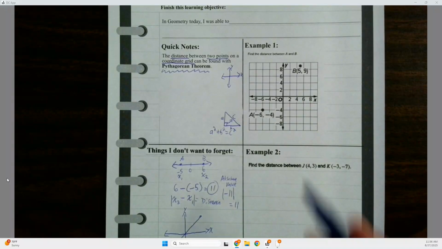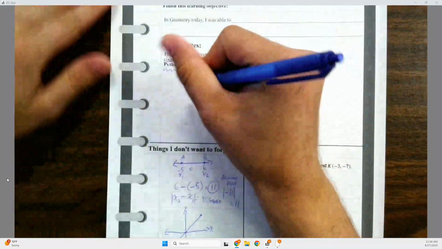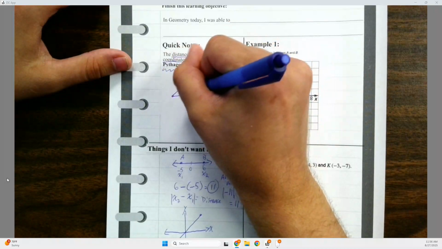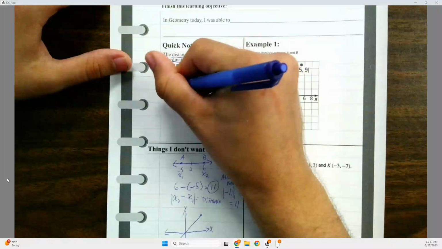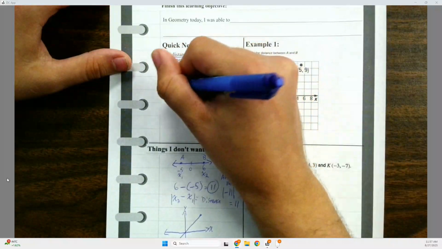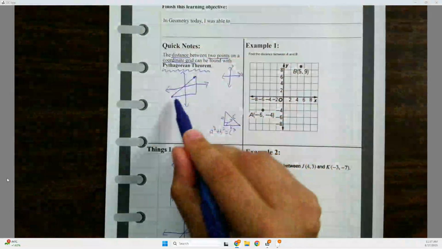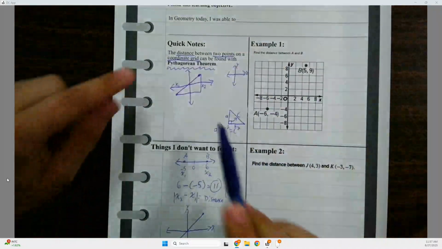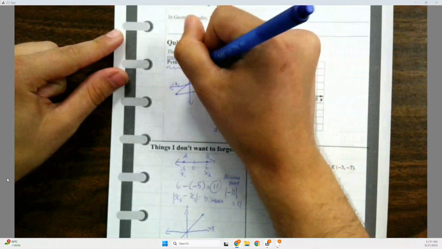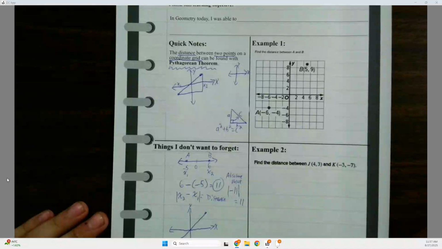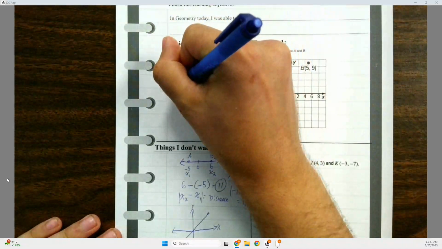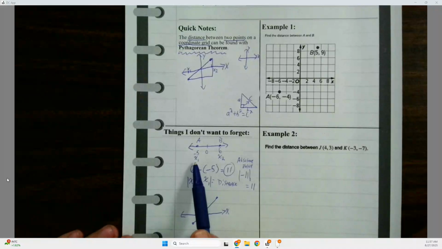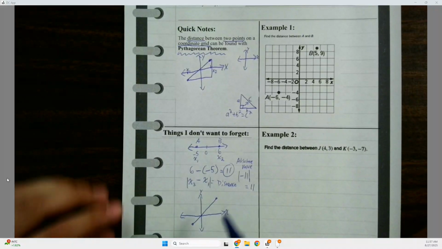Let's think about this. If I have this situation from one point to another on a coordinate grid, something like this, I could measure from x1 to x2. Notice, this is my x-axis, this is my y-axis. This is my starting x, and this is my ending x. Same sort of thing I just did, x1 to x2.